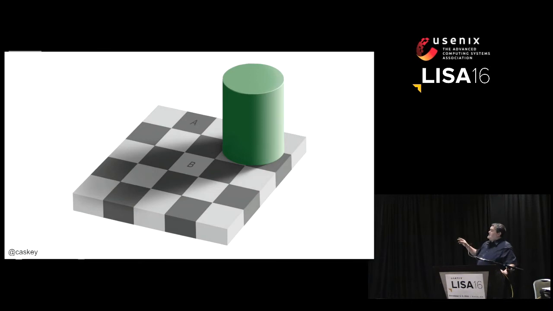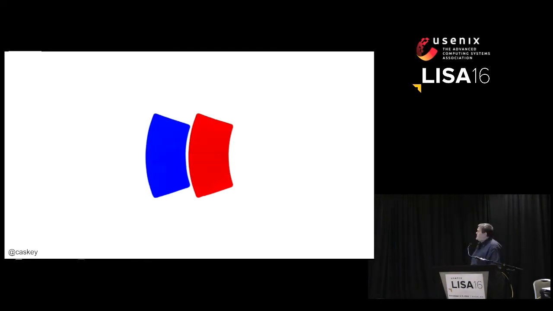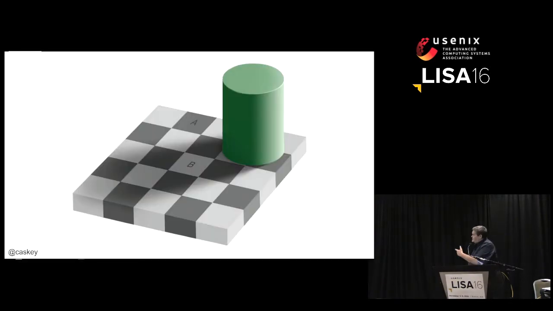And yeah, A and B are the exact same color, but the pre-processing portion of your brain uses environmental clues, just like with the size, where it says, okay, I need to know how big this line is, I'm going to look at the thing next to it and see if it's bigger or smaller. It also uses contextual clues to say, oh, B is clearly darker than the squares around it.